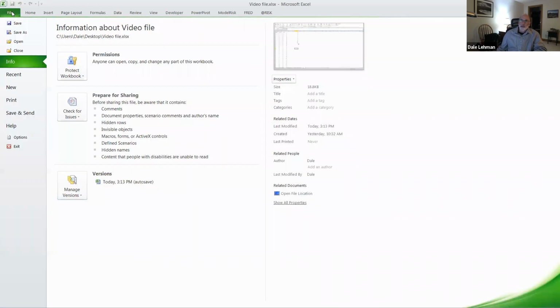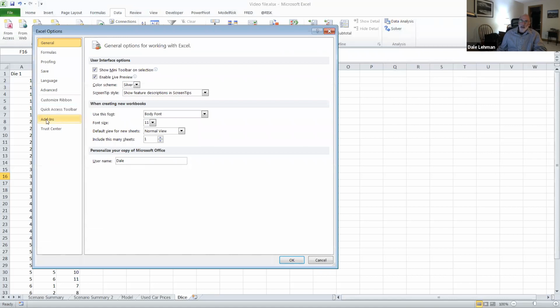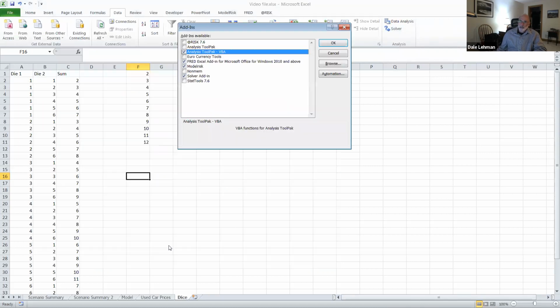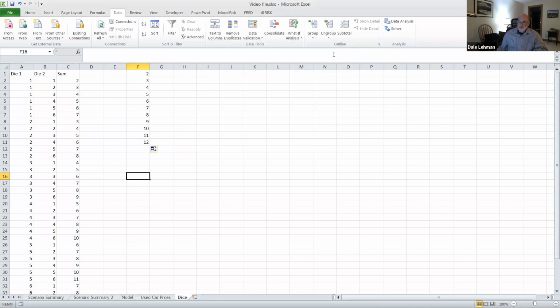So if you don't see them, what you should do is go to File, Options, to Add-ins. And if you look at Manage Excel Add-ins, you should click the one that says Analysis Toolpak or Analysis Toolpak VBA, either one of them, and the Solver add-in. You really might as well activate them. They're already on your computer. As soon as you do that, give it a second, these will appear in the Data tab.